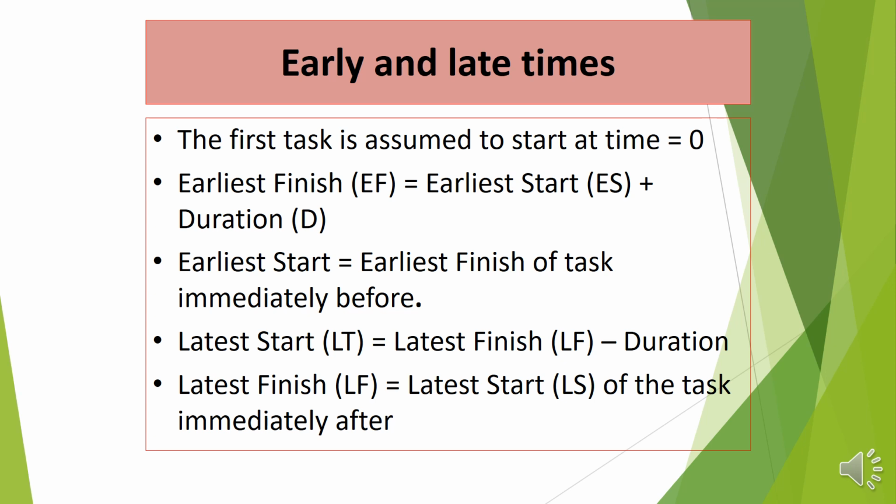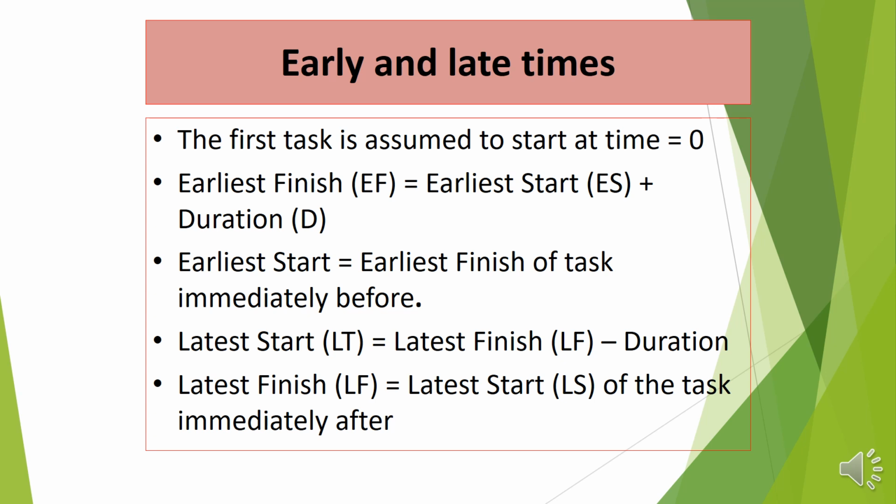It will be the 10th day. Earliest start equals earliest finish of the task immediately before. If A precedes B and A ends after 6 days, then B must start as A ends, so it starts after 6 days.